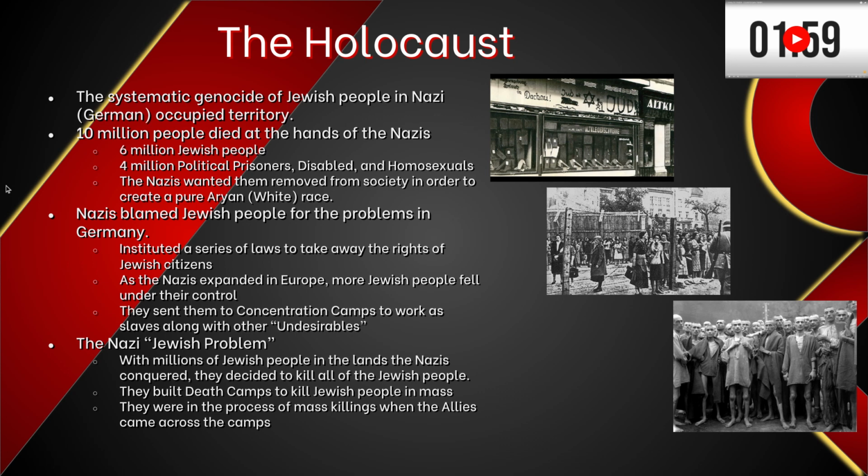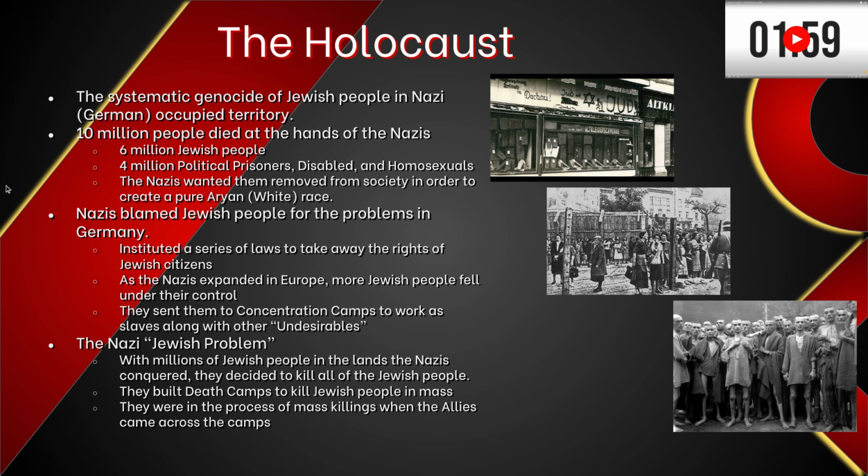And the whole idea for the Nazis was that they wanted to remove these people from society. They deemed them undesirable. So the idea was that they were going to create this pure white race. They didn't want anyone who thought differently than they did. They didn't want anybody who had a disability because they thought that might be passed on genetically.